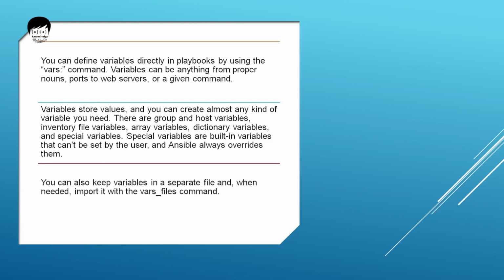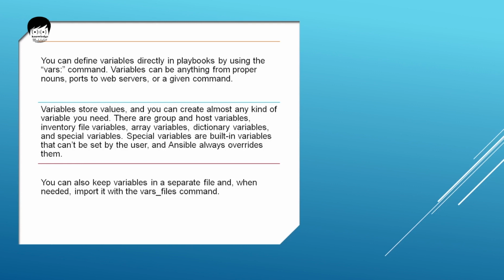You can also keep variables in a separate file, and when needed, import it with the vars_files command. These are some guidelines to use the variables. If you actually start writing playbooks, then you should learn YAML in simple format because all these playbooks are in YAML format.